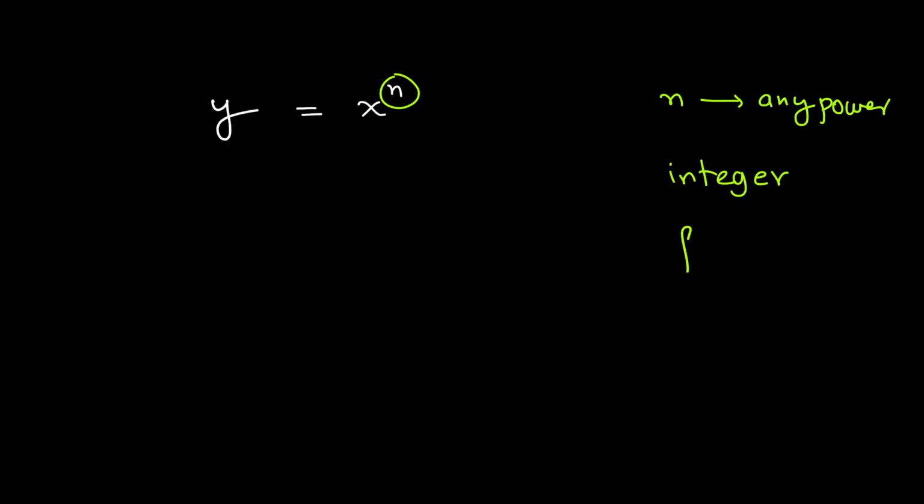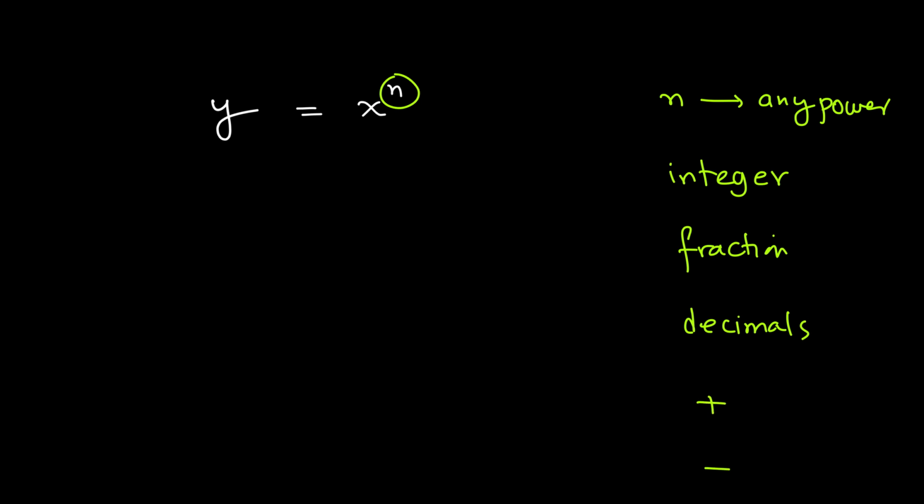Let's go to the very first rule. The very first rule says y is equal to x raised to the power of n, where n could be any power. It doesn't make a difference whether it's an integer or a fraction, or something in decimal, or whether it's positive or negative.